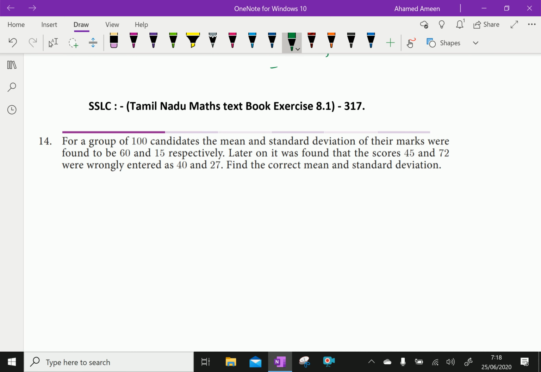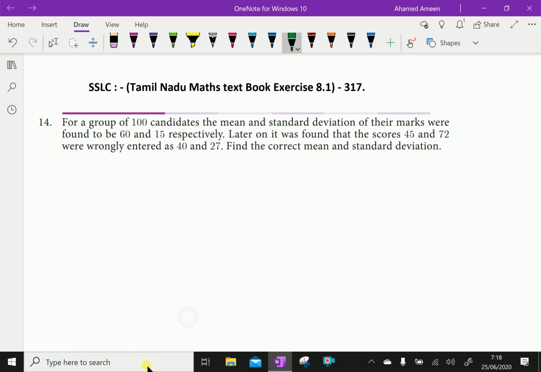Here, number of candidates n equals 100 and mean x bar is 60, which is equal to sigma x by n.